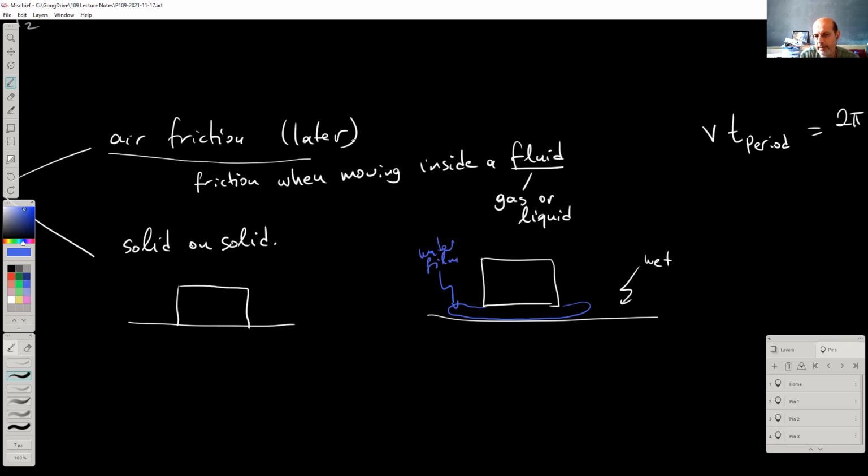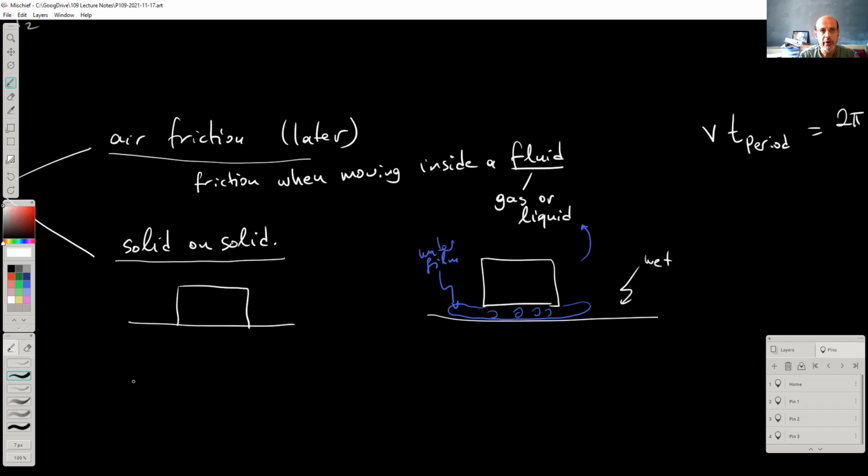This is like friction inside a fluid, perhaps, but there's a fluid layer between these two surfaces. So there are also these kinds of frictions as well. I believe this kind of friction is best treated with that kind of treatment. Mechanical engineers actually deal with these kinds of frictions by themselves. Here in chapter 5, we are just going to see solid on solid frictions.